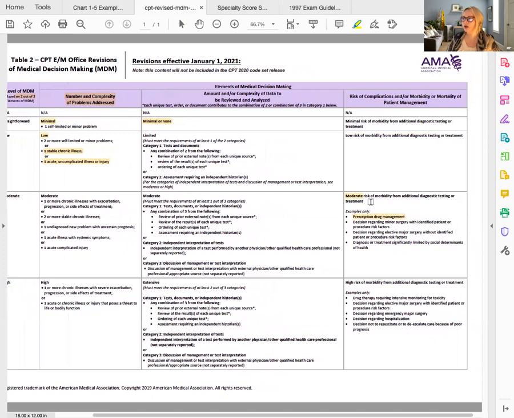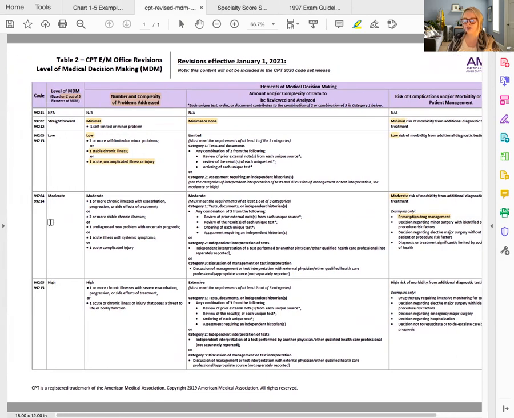However, the same thing applies here under risk of complications. The requirements to meet a moderate level of risk also meet the requirements for a low level of risk and a minimal level of risk. And so we have 1 section that meets a moderate level of medical decision making, 2 sections that meet a low medical decision making, and all 3 that meet a straightforward medical decision making.